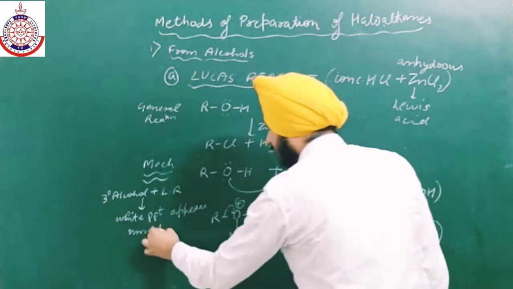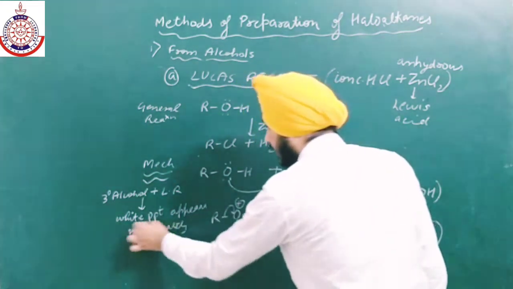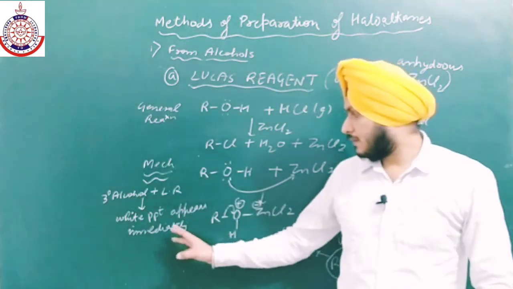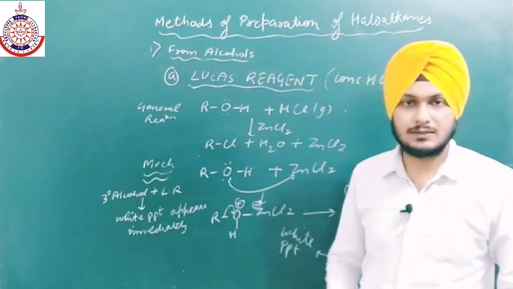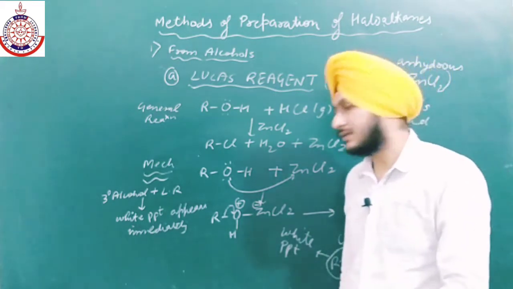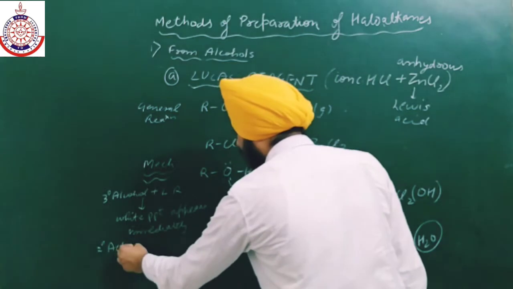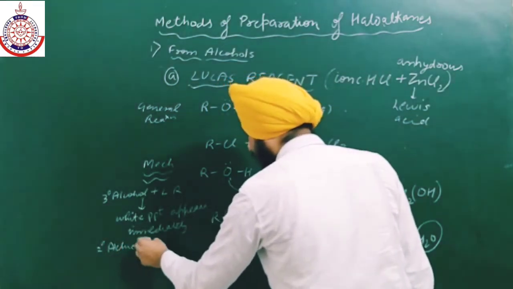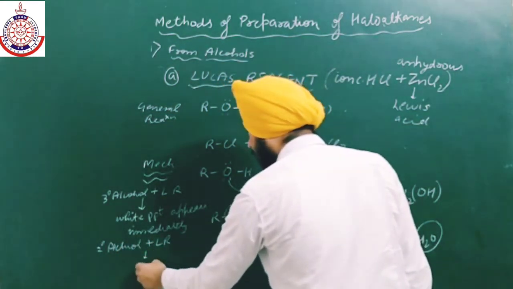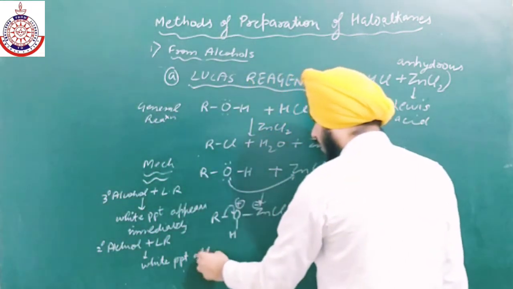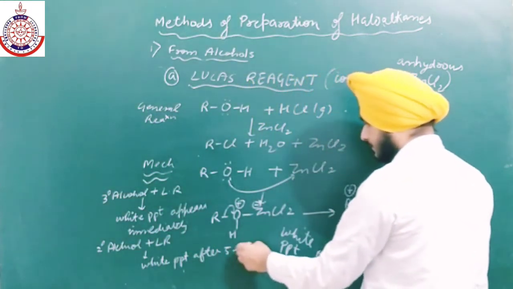ओके, जैसे हम इसमें अगर हमारे पास 3 डिग्री अल्कोहल है, ठीक है, उसमें हम लुकास रिएजेंट डालेंगे, then the white PPT appears just once, मतलब उसी टाइम आ जाएंगे immediately. And if we have second degree alcohol and we react it with Lucas reagent, white PPT appears after or within 5 to 10 minutes.